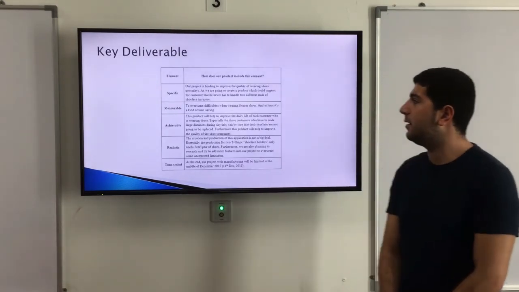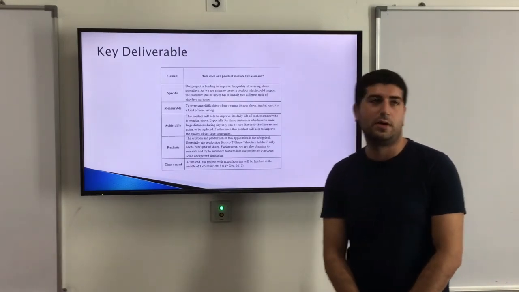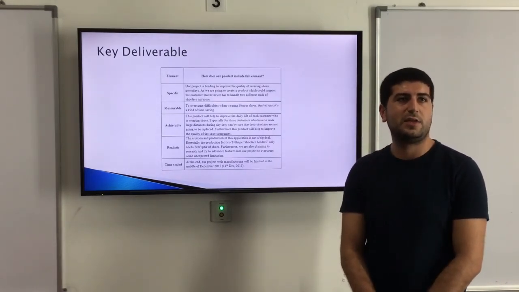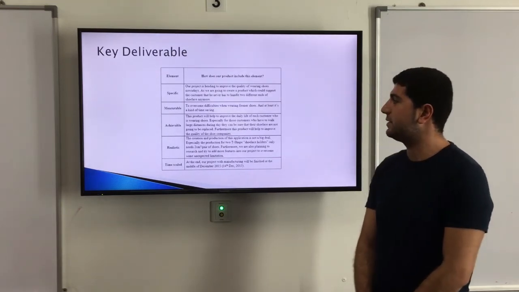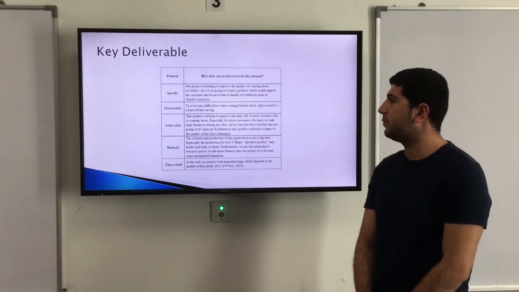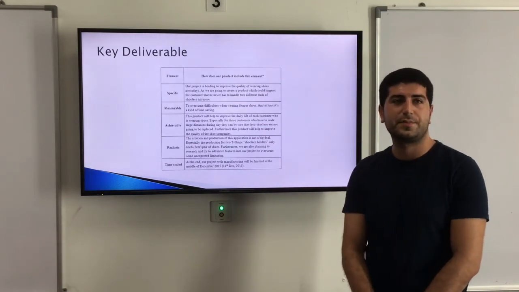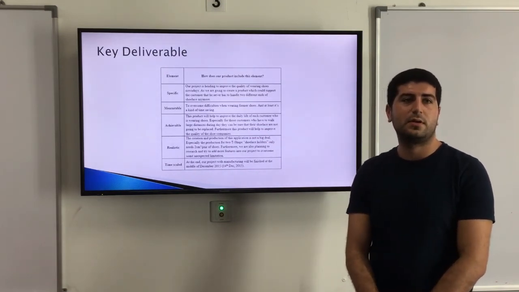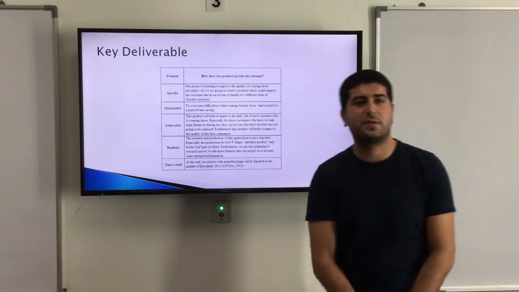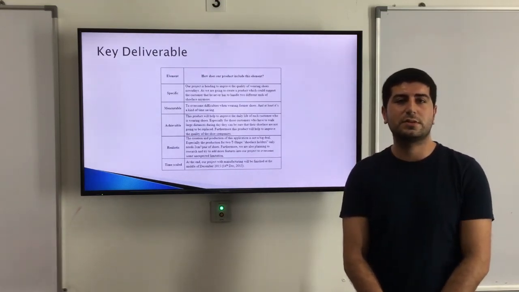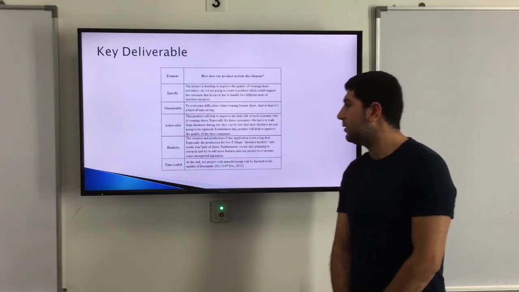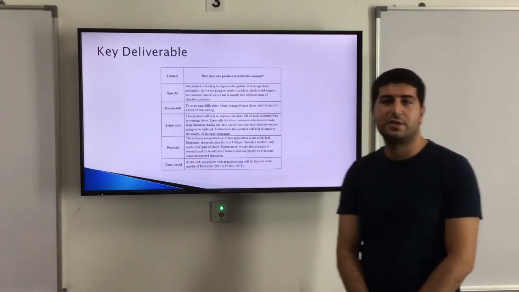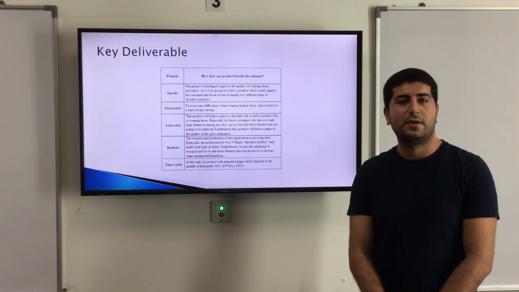On the next slide, you can see our key deliverables, and we use the SMART principle. Our specific element was to improve the quality of wearing shoes. The measurable element was to overcome difficulties when we wear formal shoes. The achievable element was that our product will help to improve the daily life of our customers.